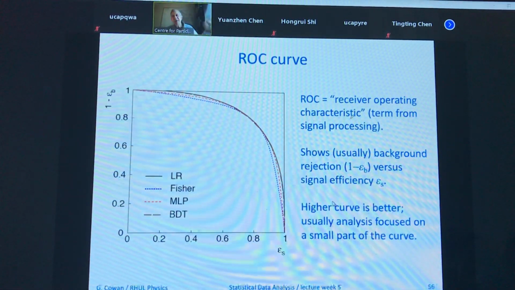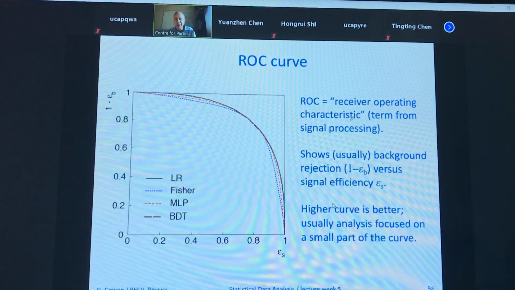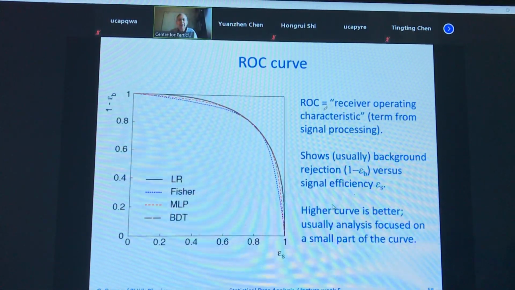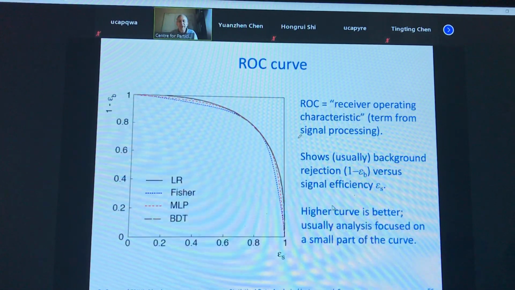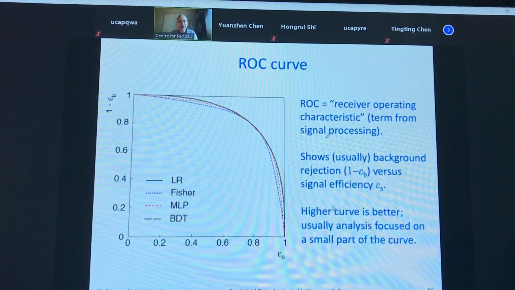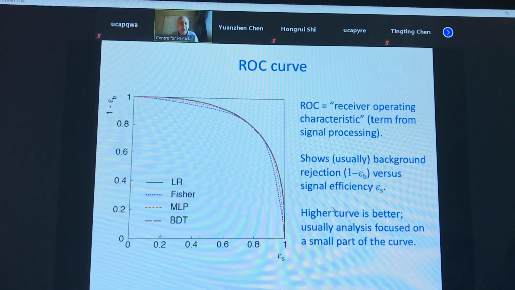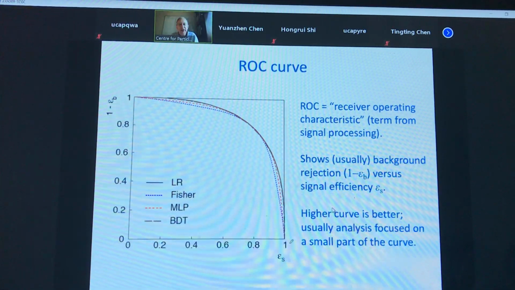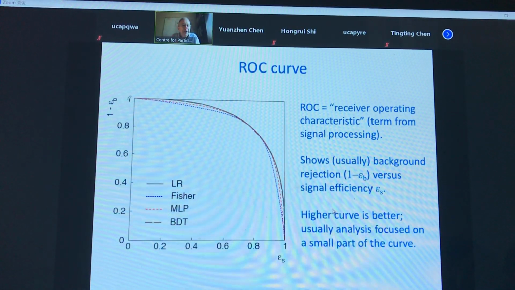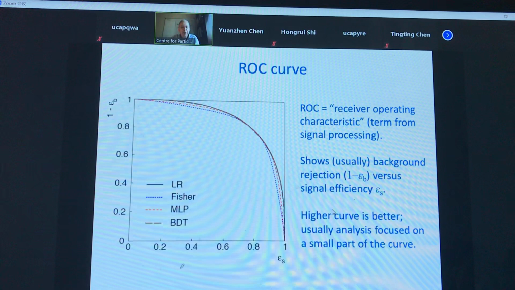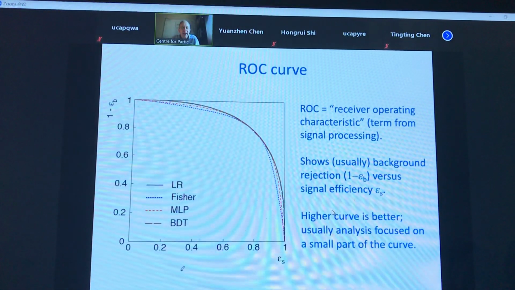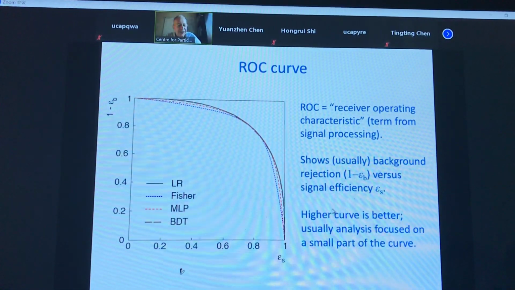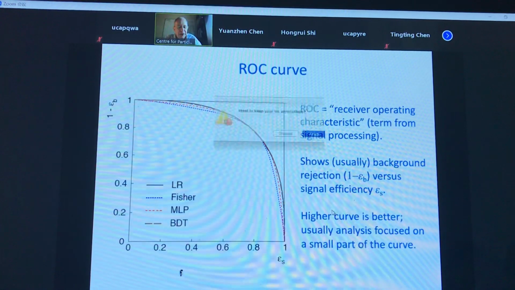That is very far removed from the type of application we're thinking about, but this is the jargon that was invented by engineers doing signal processing. What it means in this context is you look at the signal efficiency versus 1 minus the background efficiency. So remember, this means the, I can't even write on this, this is terrible. Let me go out of full screen mode.